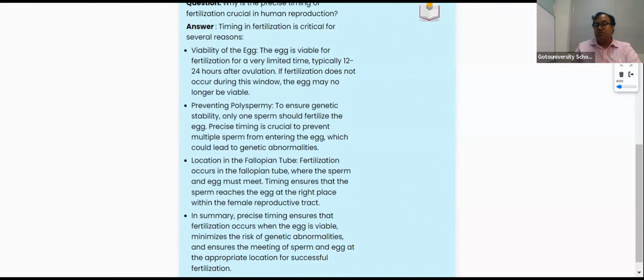After ovulation, when the egg is released by the female body, at the maximum it can remain active or alive only for 1.5 days to 2 days, not more than that. In the CBSE textbook they give only 1 day, so please don't go for the 2 days explanation.